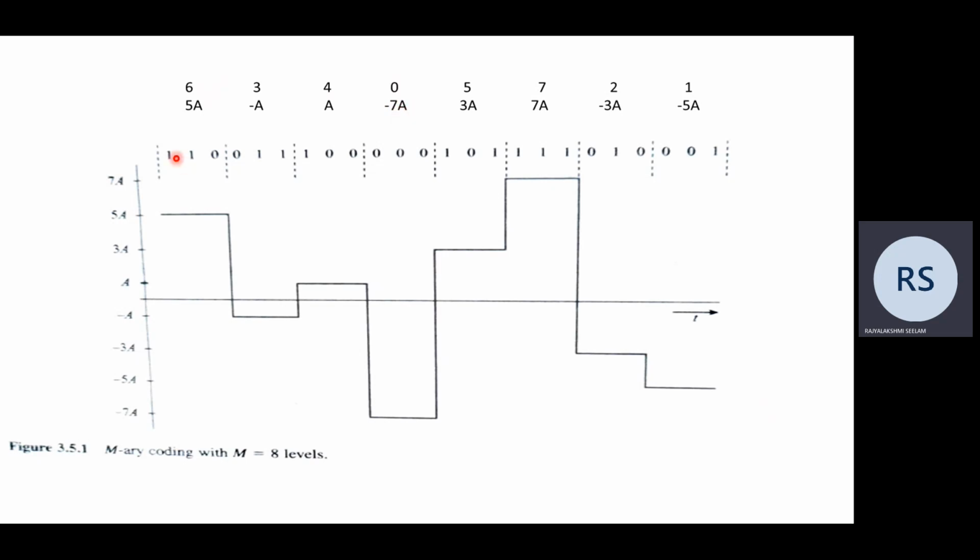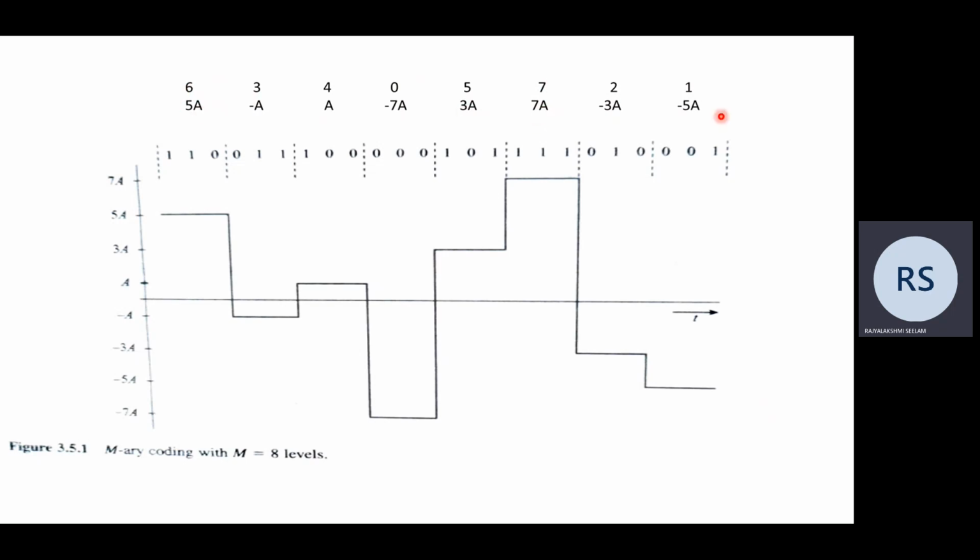So here these values are 6, 3, 4, 0, 5, 7, 2, 1. And how we have to arrange it: 0 is the smallest value. What is the smallest? We have minus 7A. The next one, minus 5A for 1, minus 3A for 2, minus A for 3, plus A for 4, 3A for 5, 5A for 6, and 7A for 7.